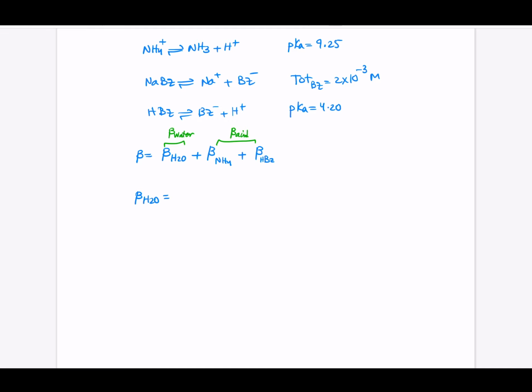Any volunteer? 2.303 times the OH minus plus H plus. What are the values then?